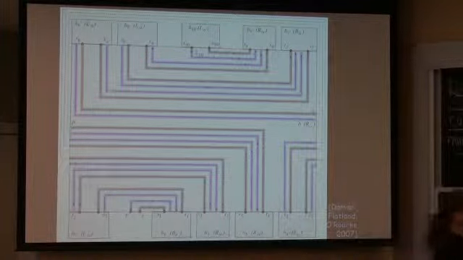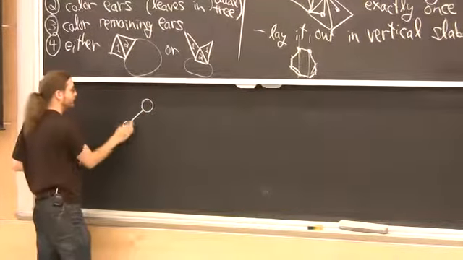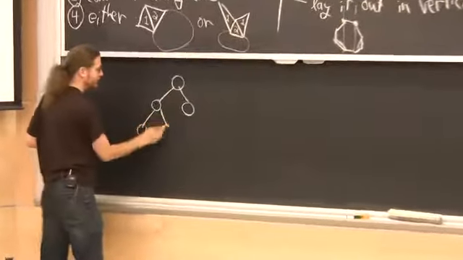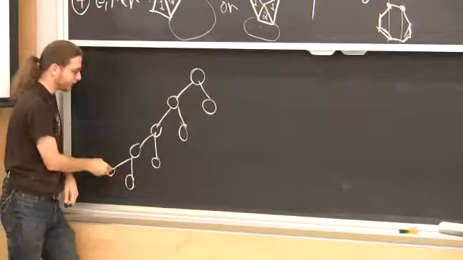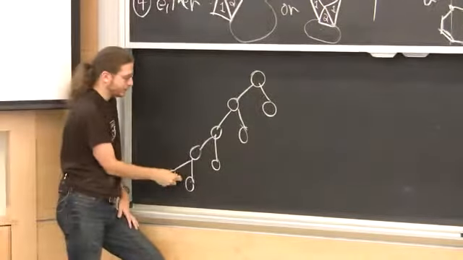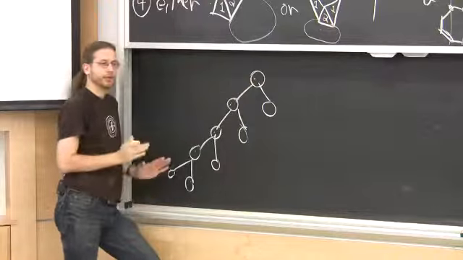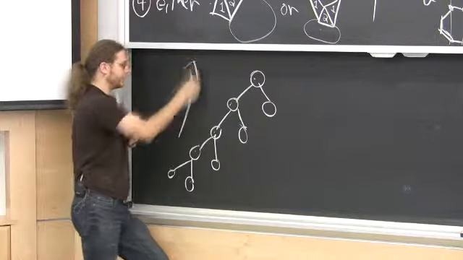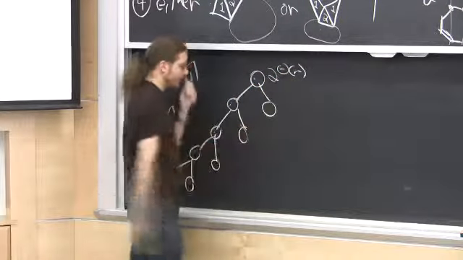If your tree is ugly, like something like this, you'll start with something nice and small down here, maybe a constant number of turns. Then you'll double again, then you'll double again, then you'll double again. It'll be exponential. So if this is n, the number of things you're doing here is 2 to the theta n.